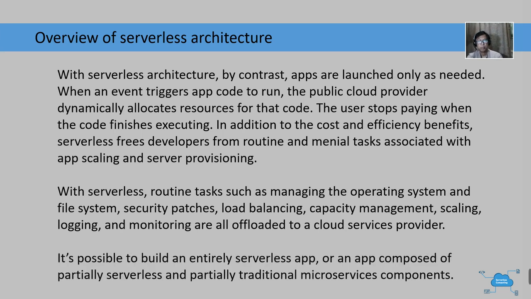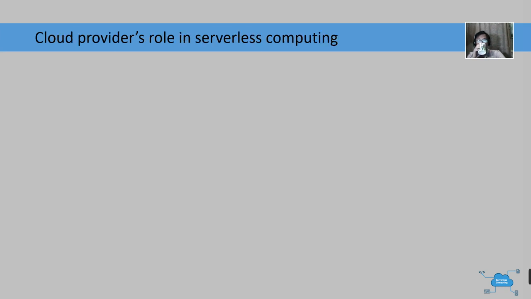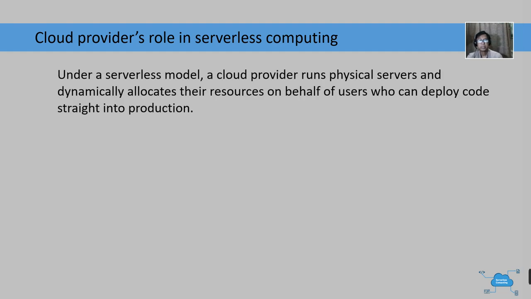It's possible to build an entirely serverless app or an app composed of partially serverless and partially traditional microservices components. So, what's the cloud provider's role in serverless computing? Under a serverless model, a cloud provider runs physical servers and dynamically allocates their resources on behalf of users who can deploy code straight into production.